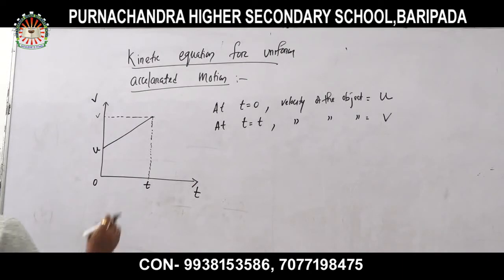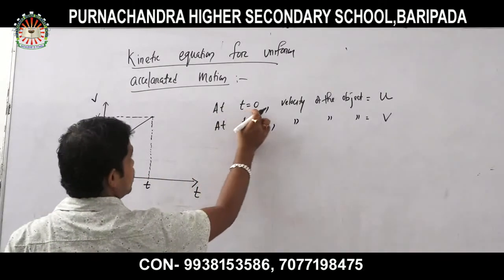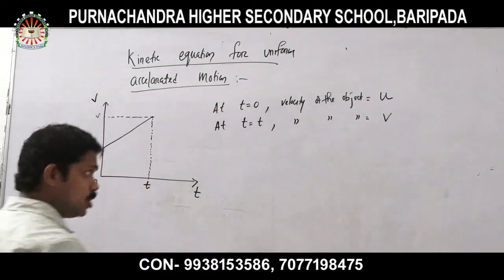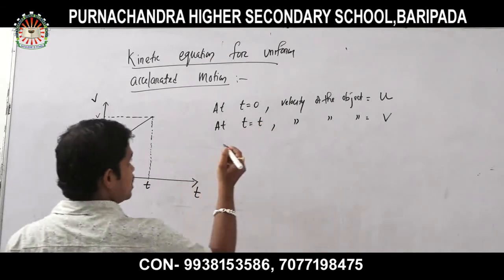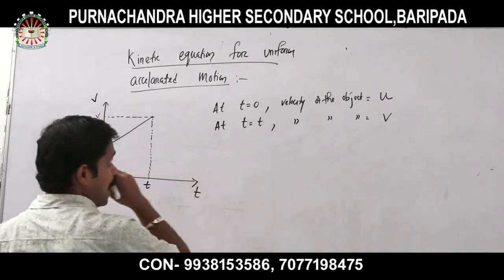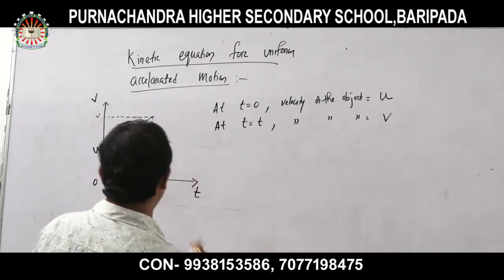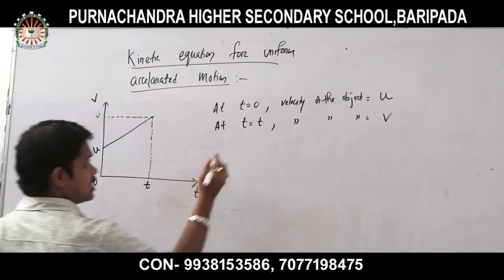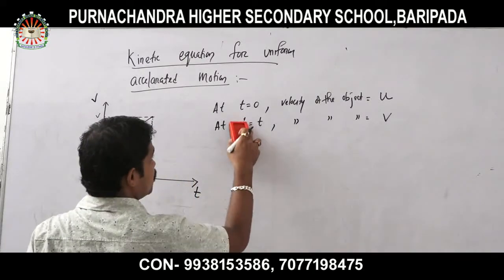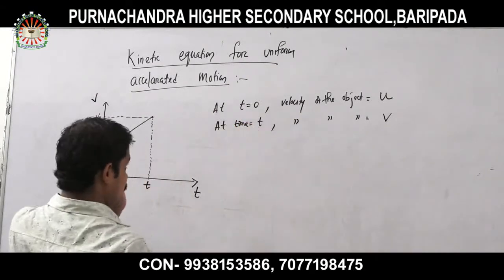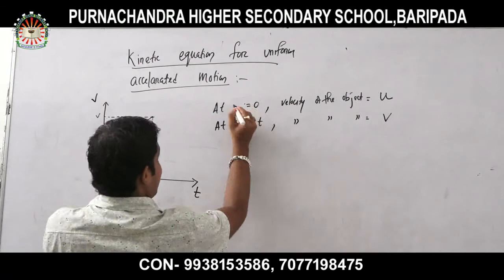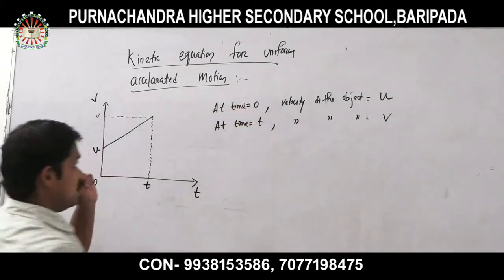Clear? Okay. So this is my assumption. At time t equal to 0, the velocity of the object becomes u. At t equal to t, time is equal to t. If you are confused, just write time here, it is better. Time is equal to t, and here also you can write time is equal to 0.